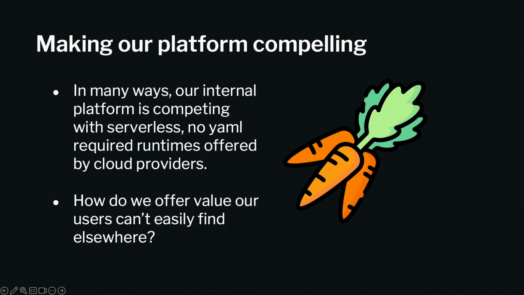So in many ways, we realized that our platform was competing with a lot of tools that people were already used to using, things like serverless technologies with no YAML, while we were offering Kubernetes. And that's a big thing to compete with, especially since we're a small platform team. So how do we offer our users value that they can't easily find elsewhere?